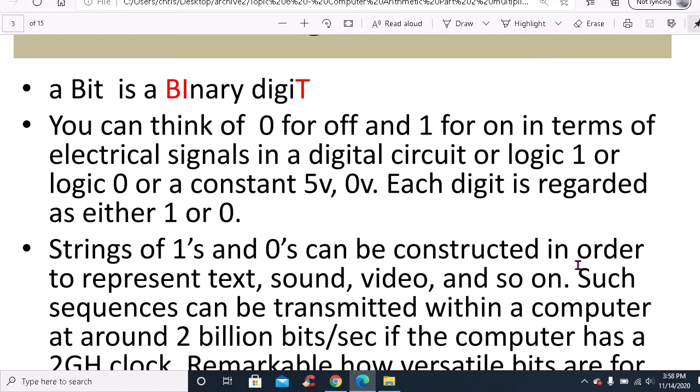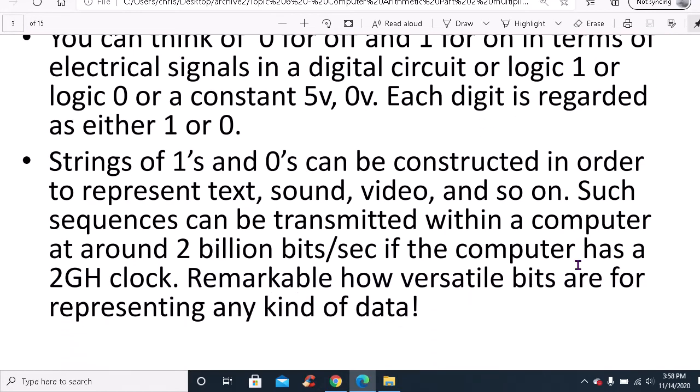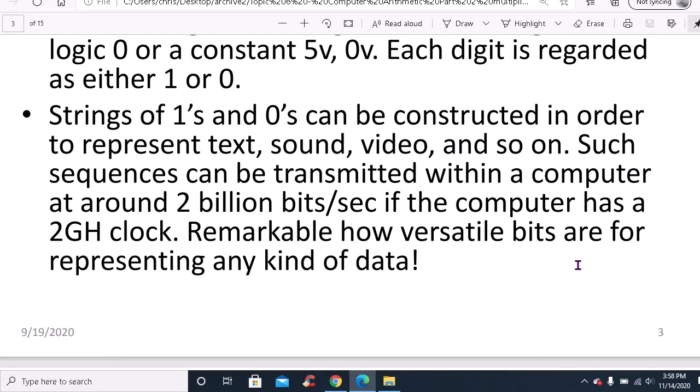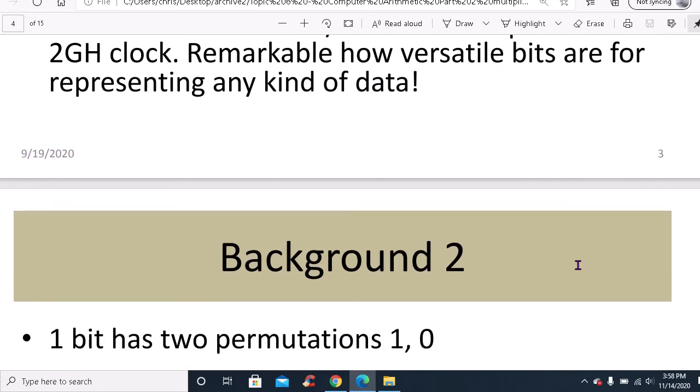I mean, possibly 4 billion bits per second within the computer, if it has a 4 gigahertz clock, or 2 billion bits per second with a 2 gigahertz clock. And there are certainly computers around that can transmit data far faster than the figures I've just quoted. So that's fast, and it's a massive amount of data.